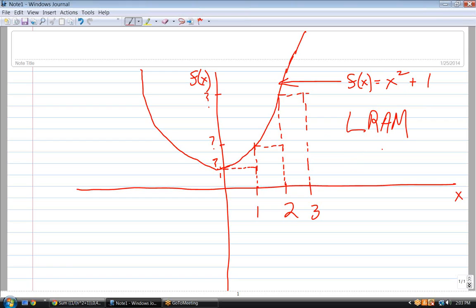Left RAM stands for left rectangular approximation method. The reason it's got the L is because the left of each rectangle is the function. In other words, that point right there is the left of rectangle 1.